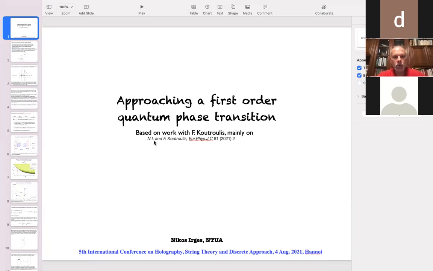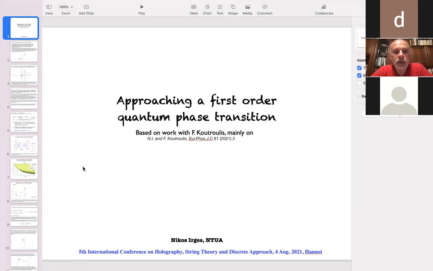Now, first order quantum phase transitions. First of all, let me just explain a little bit what this is. Quantum phase transition is a phase transition that occurs at 0 temperature. And first order is a phase transition which is not as a second order phase transition, which is supposed to be a phase transition where there is a continuum limit.